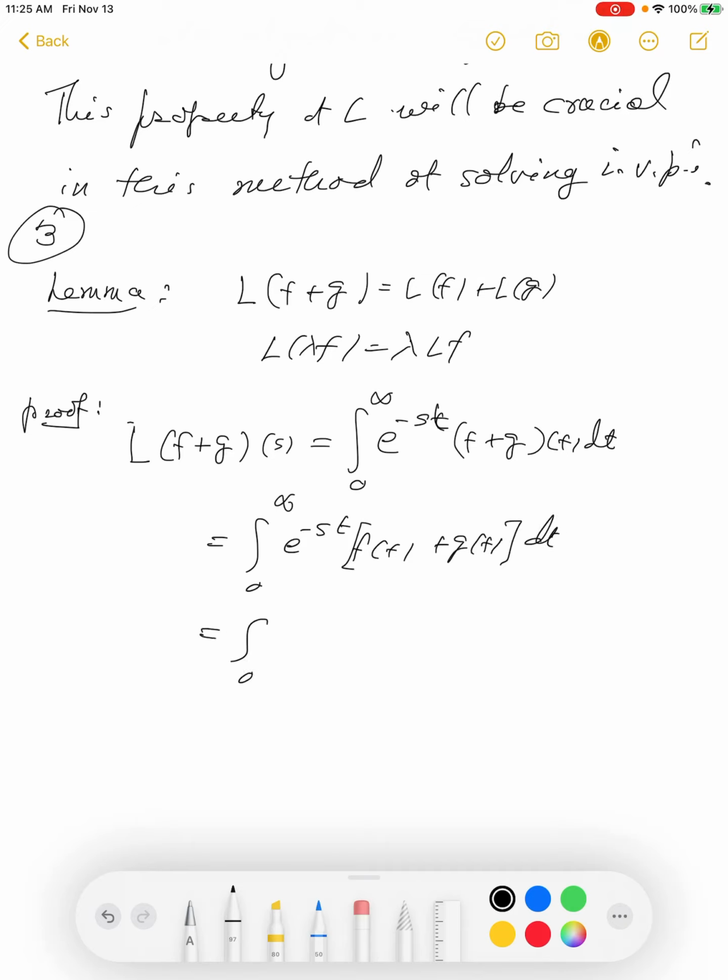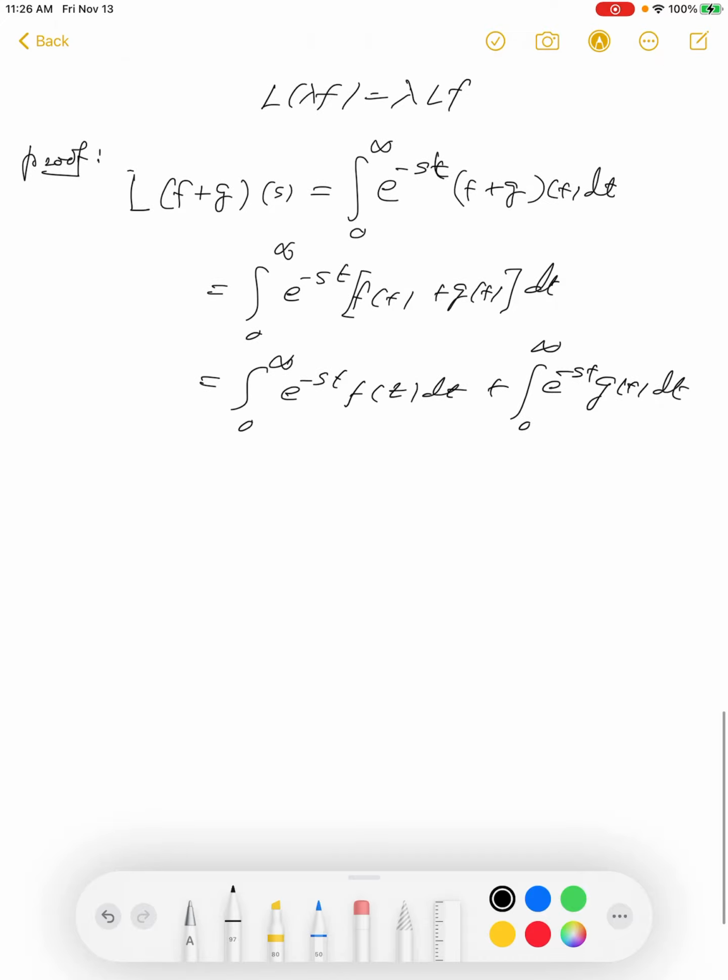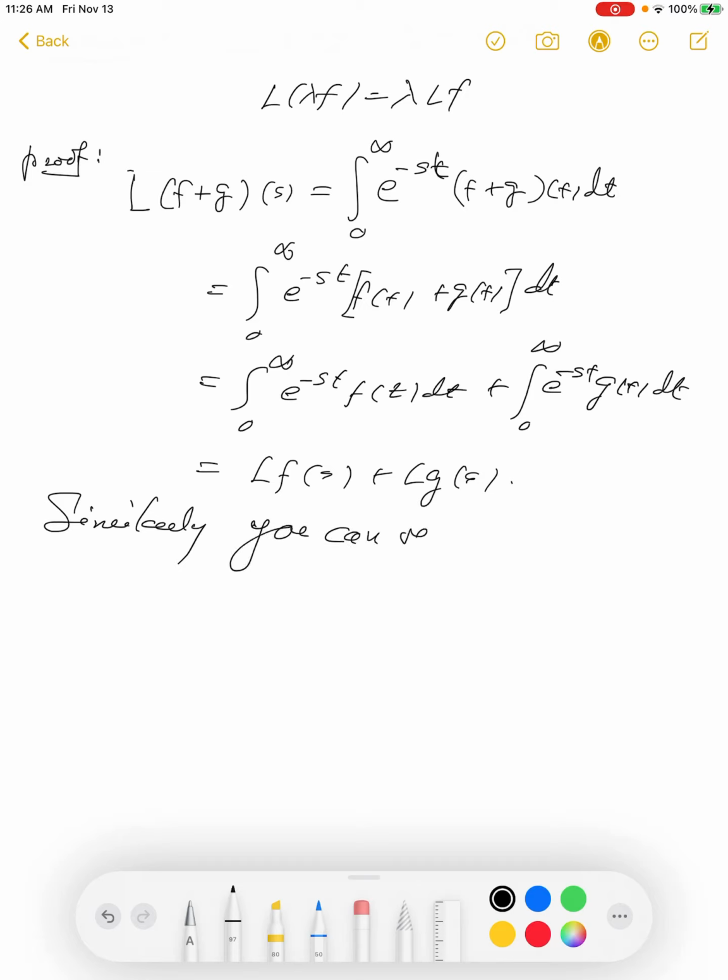And then if you split this into two sums, you get integral 0 to infinity e to the minus st ft dt plus integral 0 to infinity e to the minus st gt dt, which is going to be LF at s plus LG at s. And similarly, you can verify the other thing. L of lambda f is lambda LF.